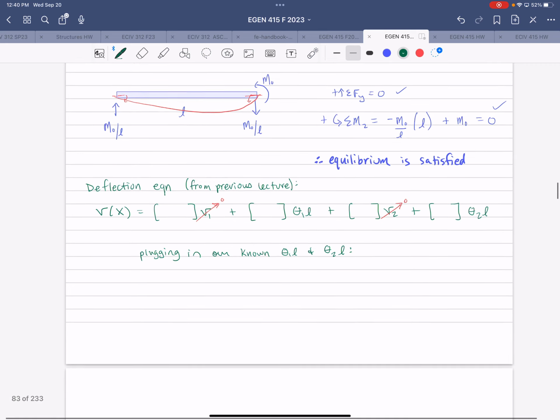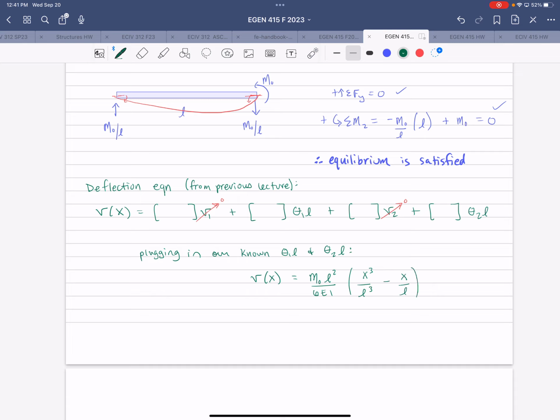And I will write the complete result for you, so you can verify this on your own, but it should be pretty straightforward from the general expression. That should turn out to be m naught times L squared over 6EI times, in parentheses, x cubed over L cubed minus x over L.